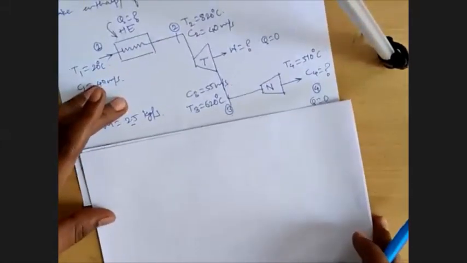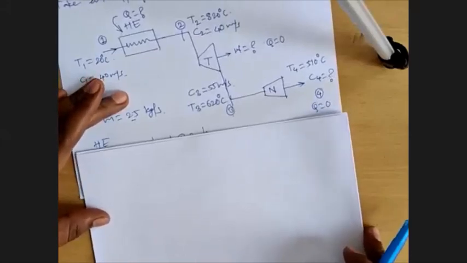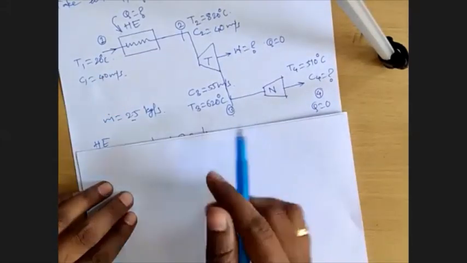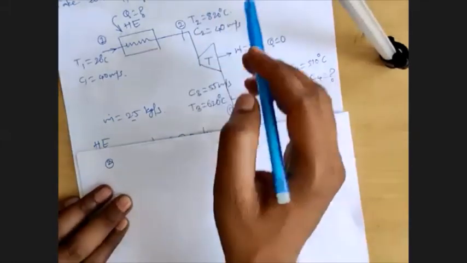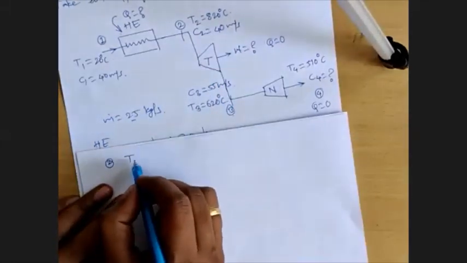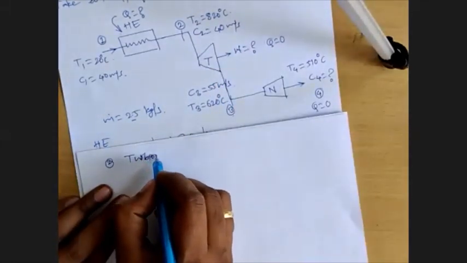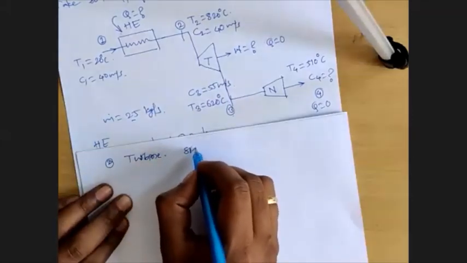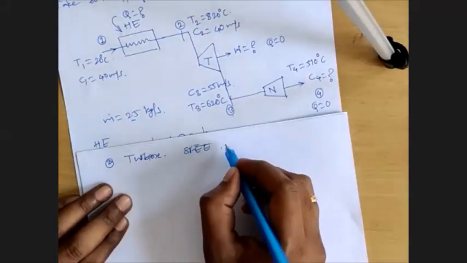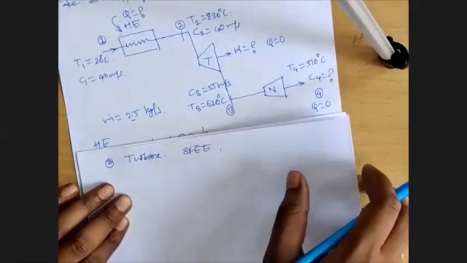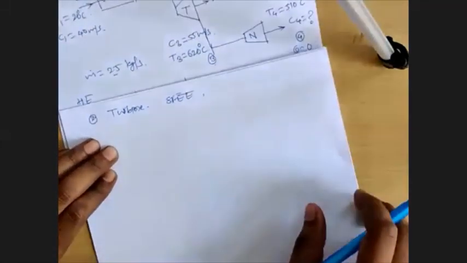Now let's move to the second device. Now the second device is turbine. Yes, steady flow energy equation for turbine. You can tell me the steady flow energy equation for turbine?